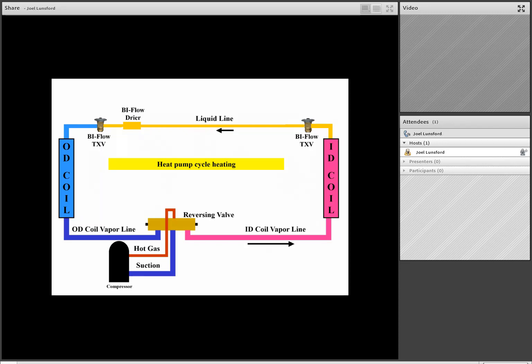And so the heat pump really gives you some nice energy efficiency, because now you're utilizing the refrigeration cycle for both heating and cooling year-round. And instead of just burning a heat strip in an electric furnace, for instance, the heat pump will greatly reduce the amount of energy used to produce heat over just a heat strip inside the furnace.